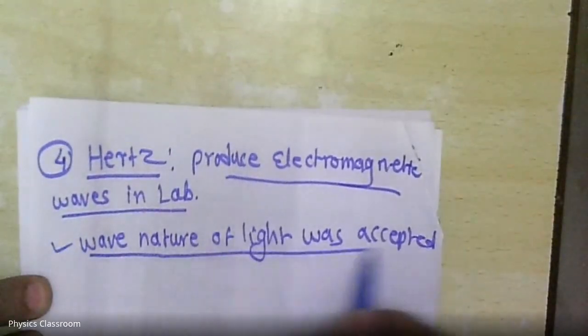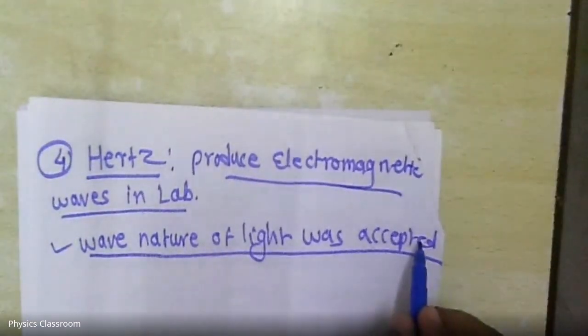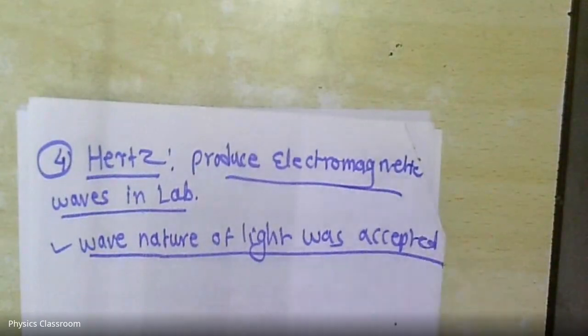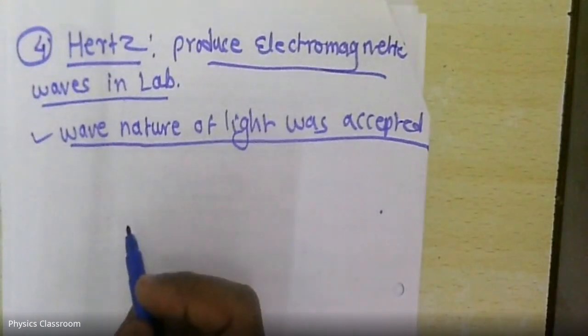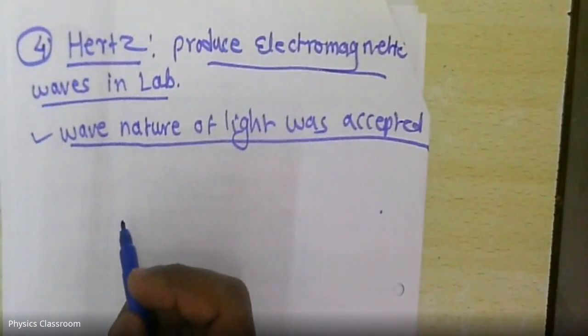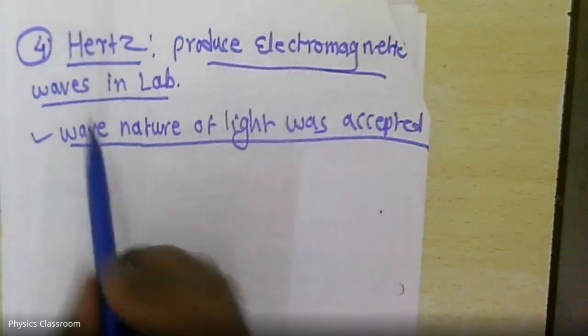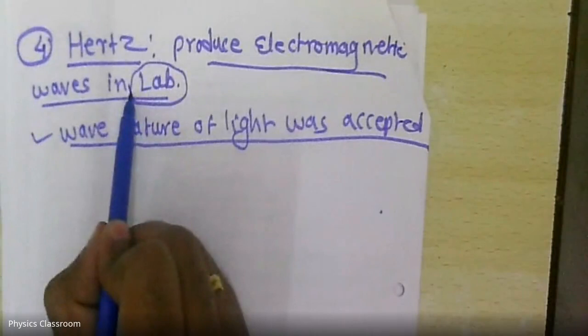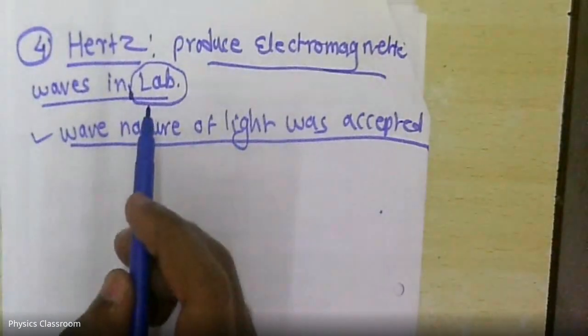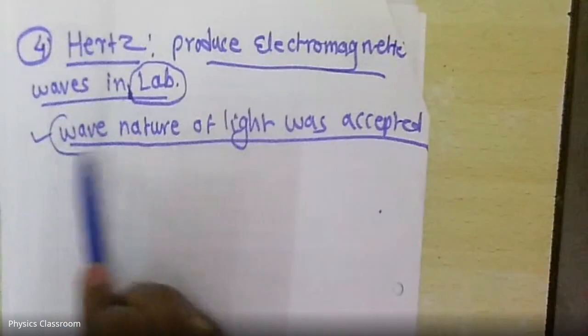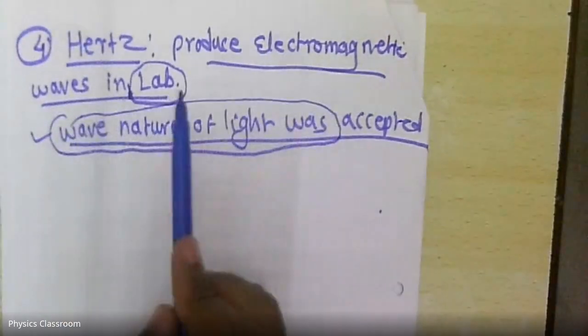Previously, Maxwell stated that waves are electromagnetic in nature, but there was no proof before Hertz. Hertz produced electromagnetic waves in the laboratory, and then the wave nature of light was accepted.